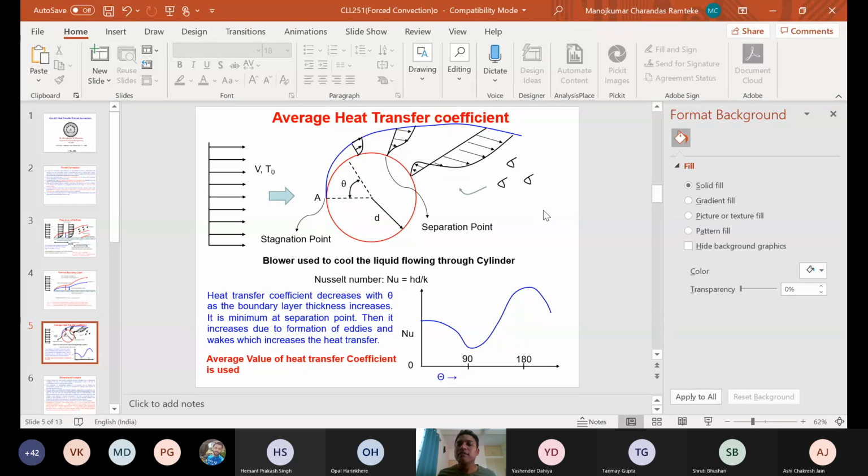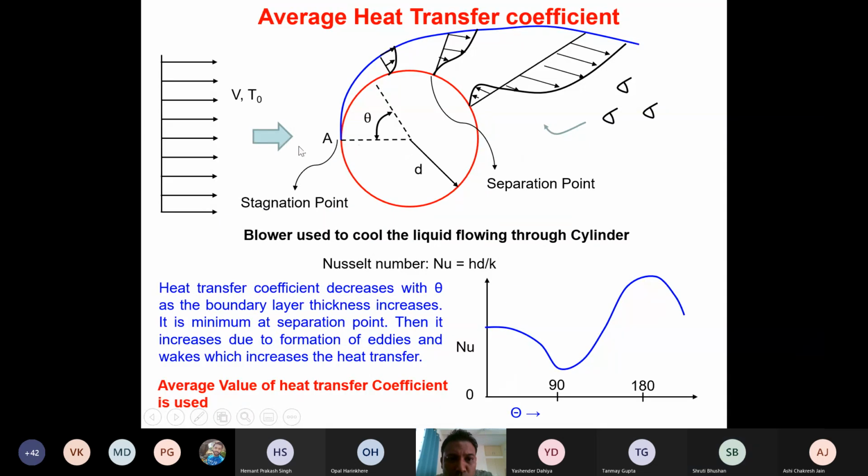Can you see? There will be eddies formation which will force the fluid to move in a backward direction here, because there is a pressure drop across this cylinder, isn't it? The flow is taking place along this direction, so there will be more velocity here, but at this location there will be a pressure drop, so flow will be in the backward direction here, and because of that there is a backward velocity distribution.